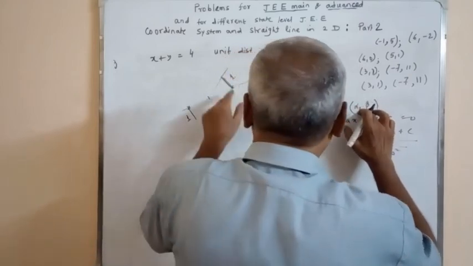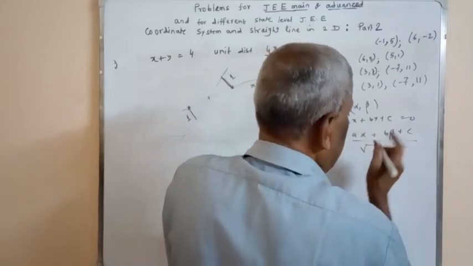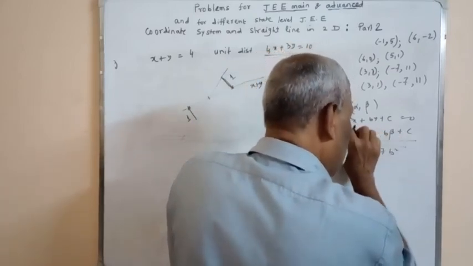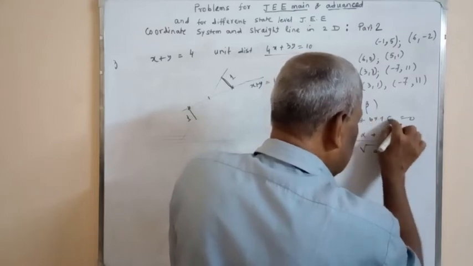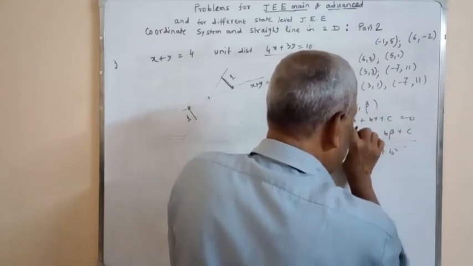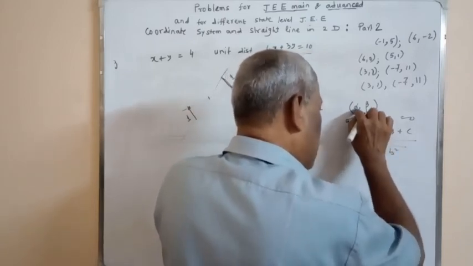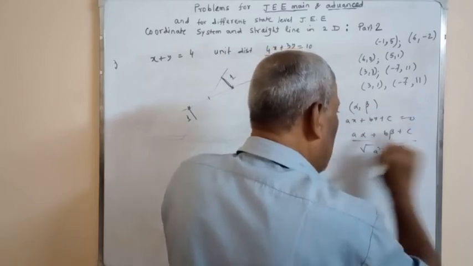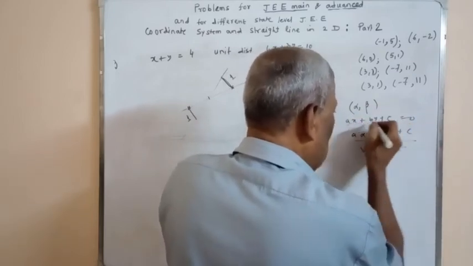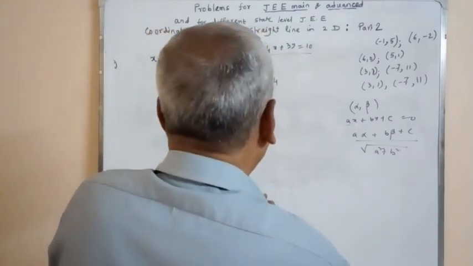Simply put x as the x coordinate, y as the y coordinate, c intact, by root over a square plus b square. This is the perpendicular distance.